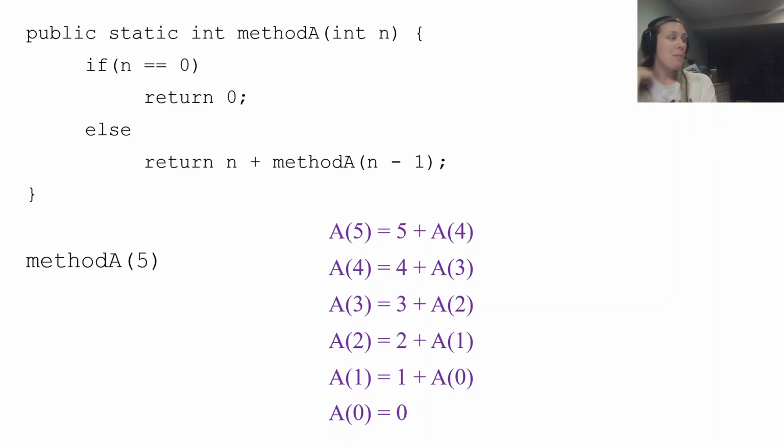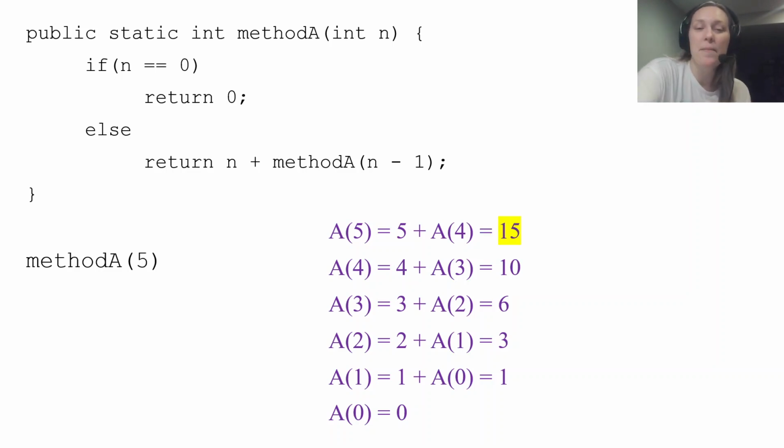But remember, that's your base case. That's not saying that your answer is 0. In order to figure out what your answer is, you have to substitute that back in. So 1 plus 0 is 1. And then 2 plus 1 is 3. 3 plus 3 is 6. 4 plus 6 is 10. And then 5 plus 10 is 15.